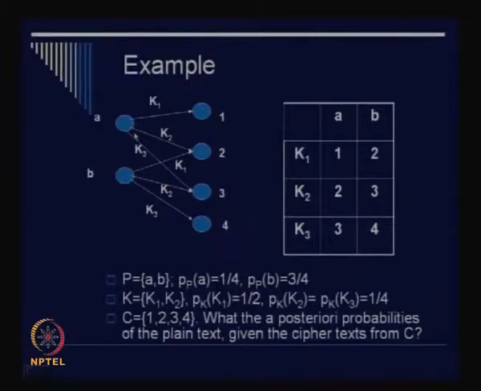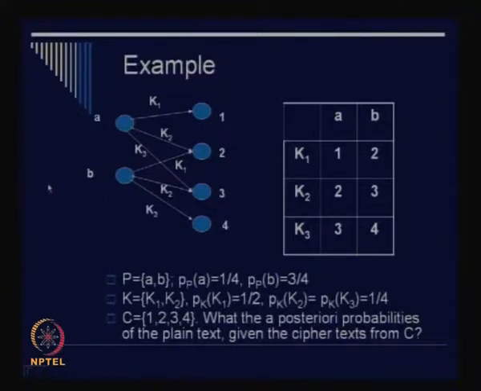If your key is k2, you go to 2. If your key is k3, you go to 3. Similarly, if your plain text is B, you get other mappings like 2, 3 and 4. This is the corresponding mapping that we are concerned with.